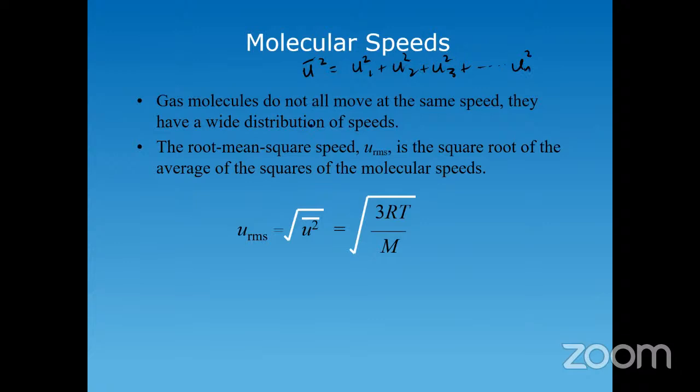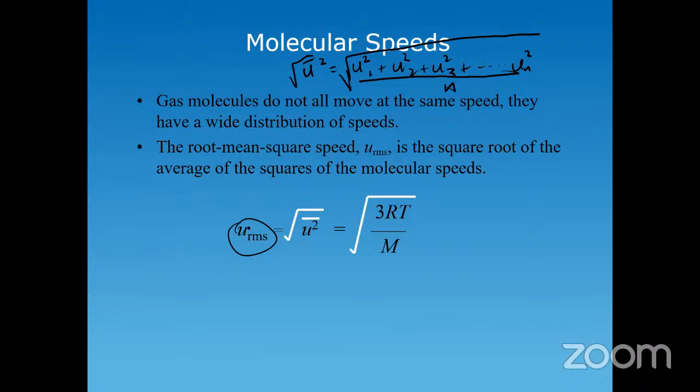So when they're talking about the root mean squared speed, they're talking about the square root of all of this right here. And I forgot to divide by n here, very important. So what they're talking about is you square the speed of each molecule, you average them, and then find the square root of that. And that is called the root mean squared speed.